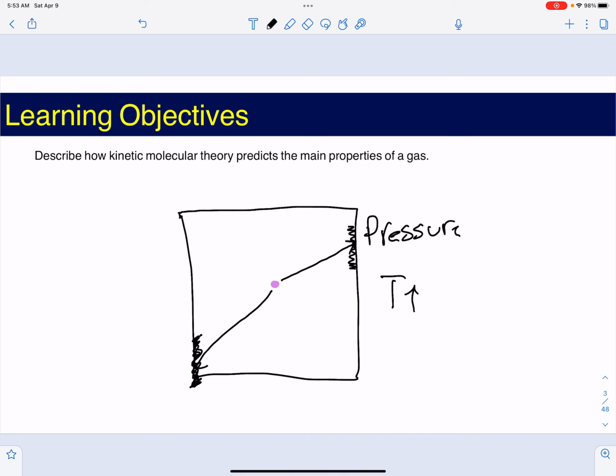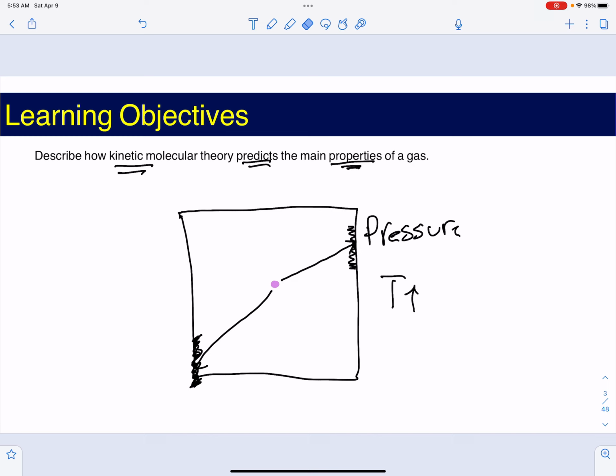As you notice, what I'm doing is predicting the properties of gases based on the kinetic molecular theory, which tells us there's a lot of space in between. The molecules or particles rarely interact with each other. When they hit the wall of the container, that's what we call pressure. They move faster with higher temperature.